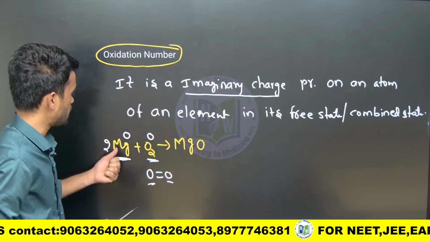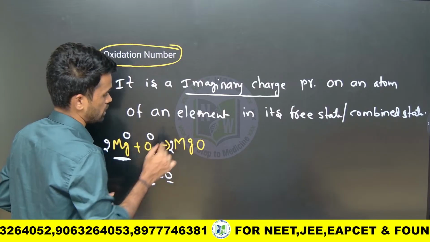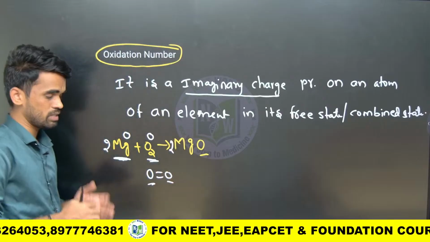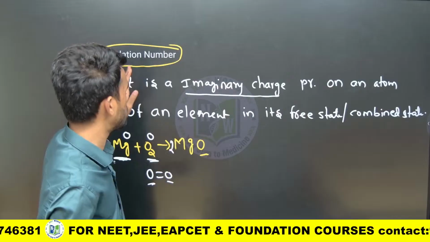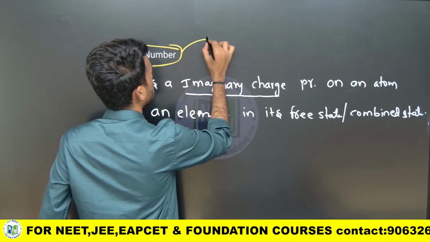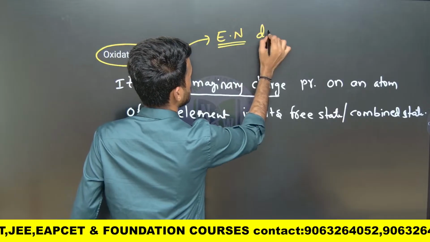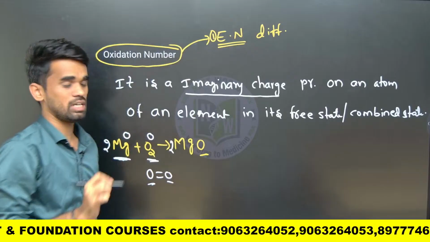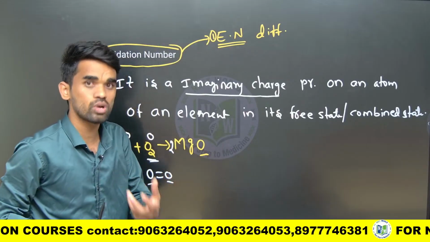Now this magnesium combines with this oxygen forming magnesium oxide. See, this concept of oxidation state or oxidation number completely depends on electronegativity difference. This is one of the major criteria we need to consider. Now out of magnesium and oxygen, which is more electronegative?